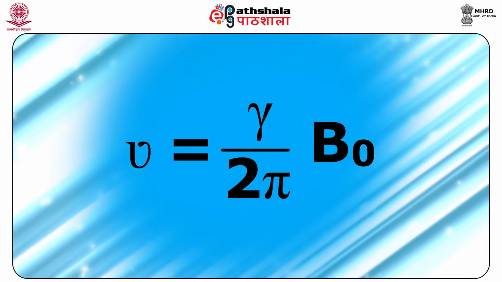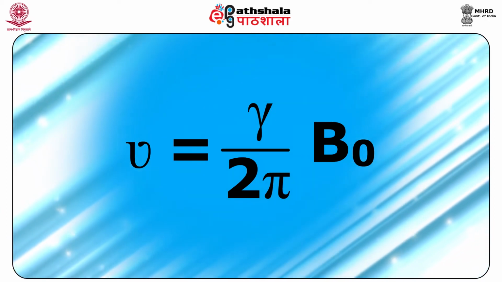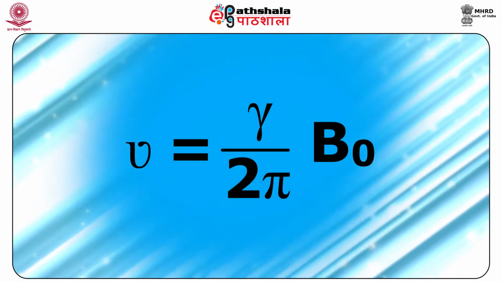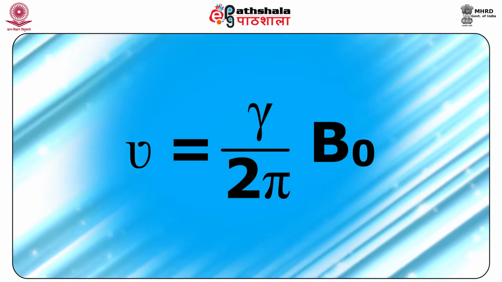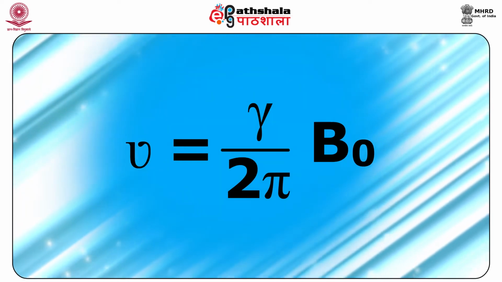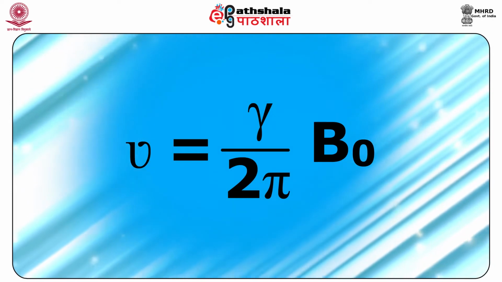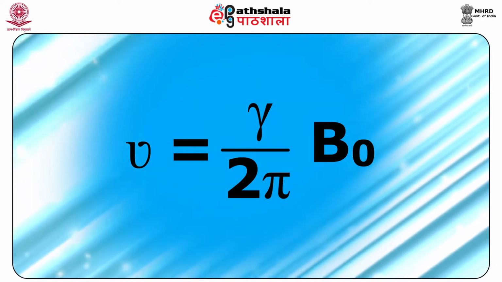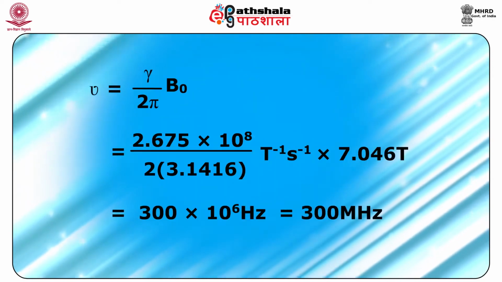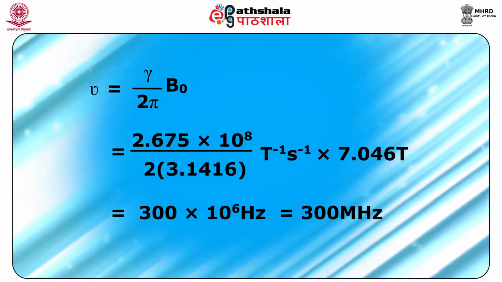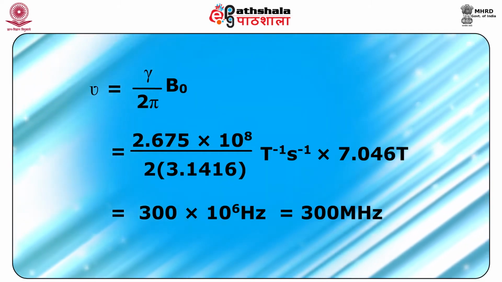For proton, the value of gamma is 2.675 into 10 raised to power 8 Tesla inverse second inverse, whereas in case of 13C it is 6.688 into 10 raised to power 7 Tesla inverse second inverse. Now, the introduced radio frequency is given in megahertz.